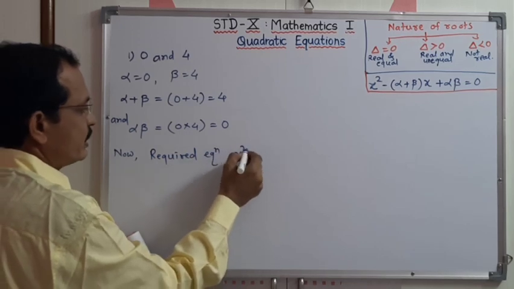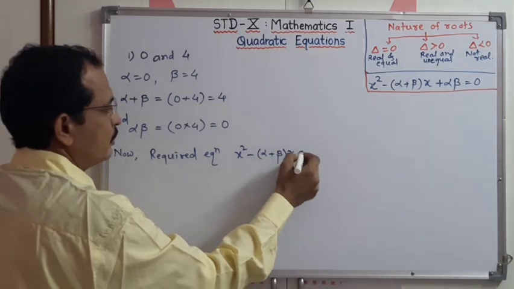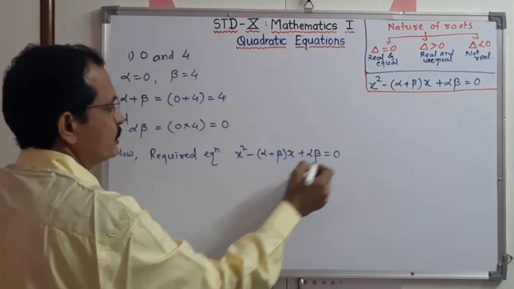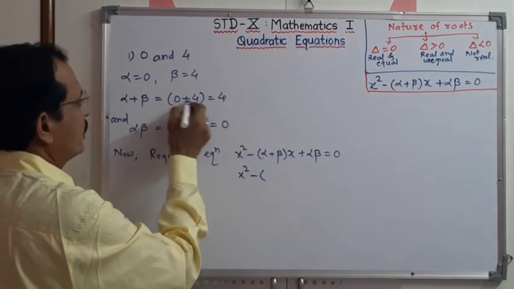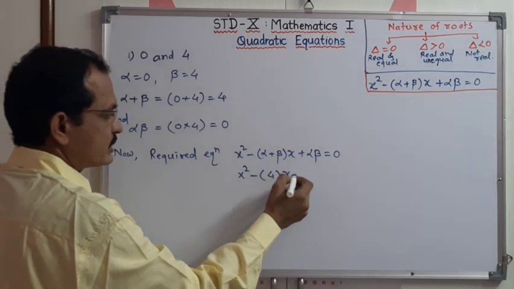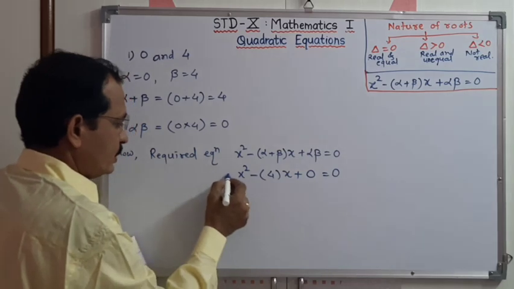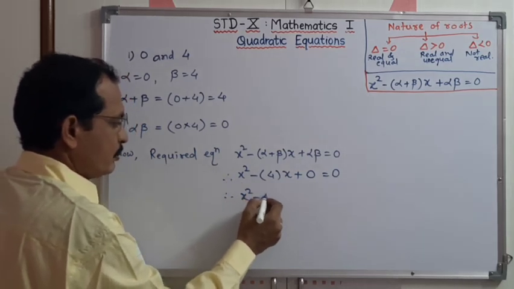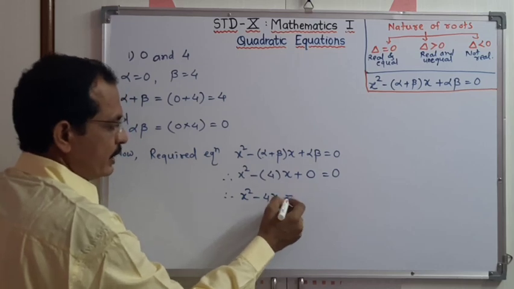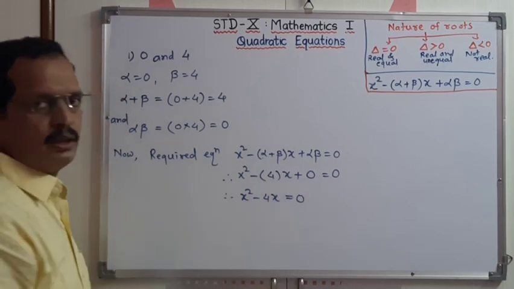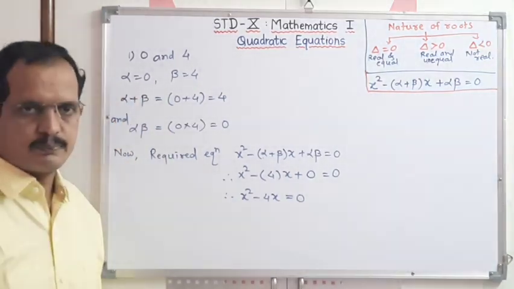That is x square minus alpha plus beta x plus alpha beta is equal to 0. Therefore, x square minus 4x plus 0, we can't write here, and it is 0. Therefore, this is the required equation whose roots are 0 and 4.